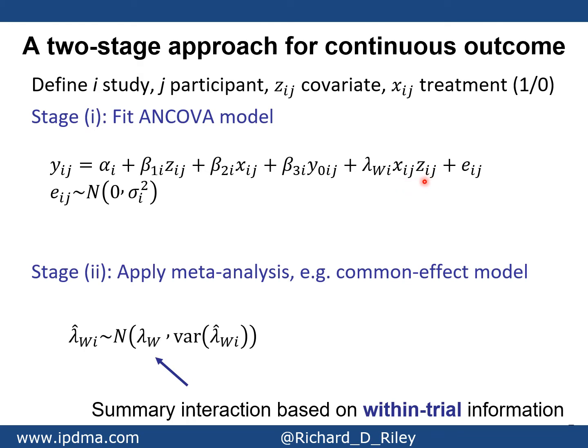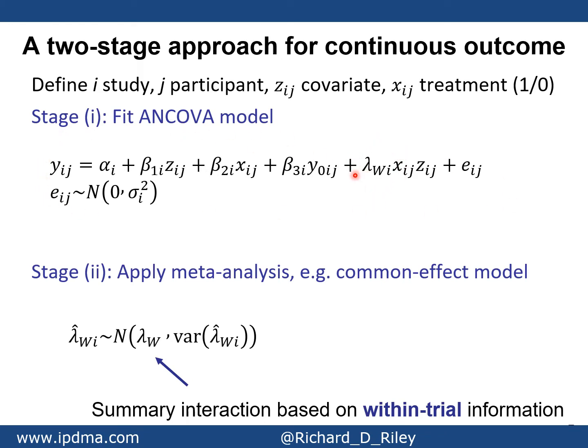Or in other words, the difference between males and females if Z was a binary variable, or if Z was age and you assume a linear relationship, then lambda would be the change in treatment effect for a 1 year change in age. So you'd apply this sort of ANCOVA, analysis of covariance model, in each trial separately.